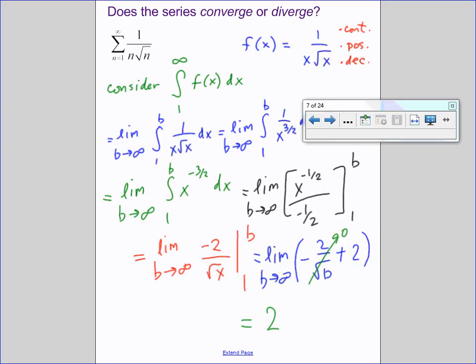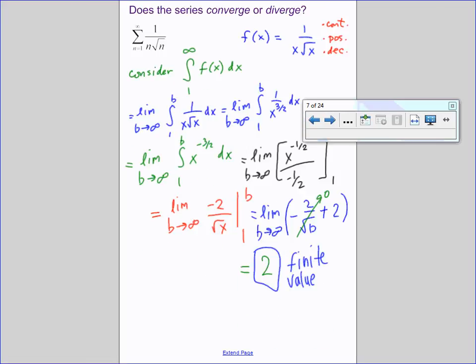Therefore, by the integral test, so too must the series converge. So this is a finite value. Therefore, the series converges by the integral test.